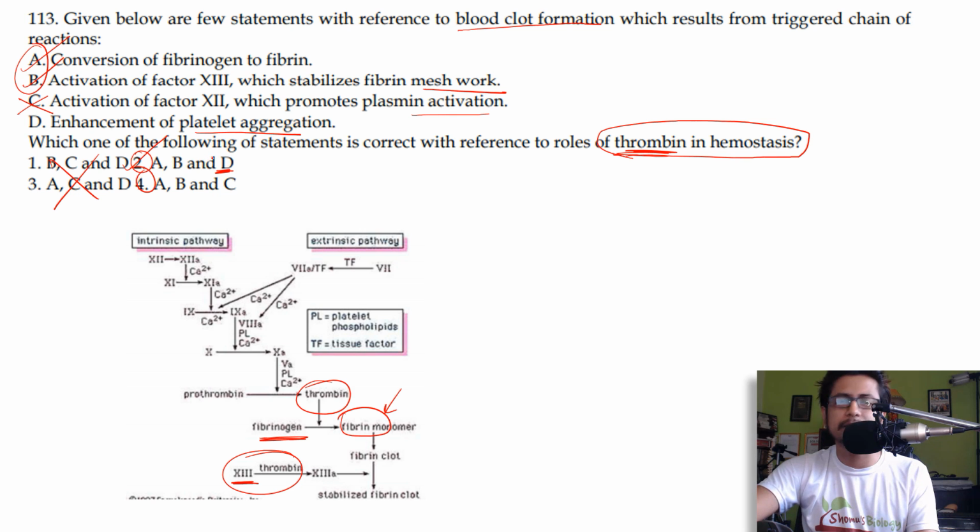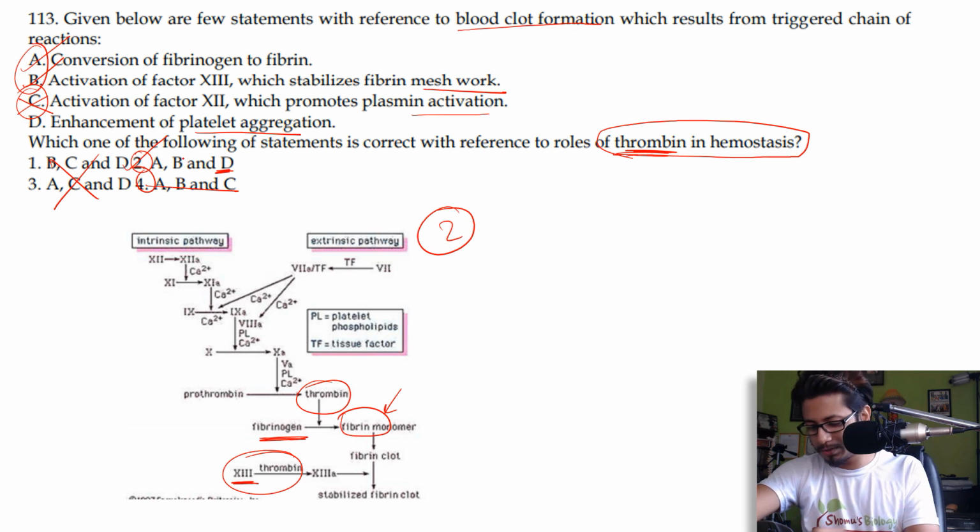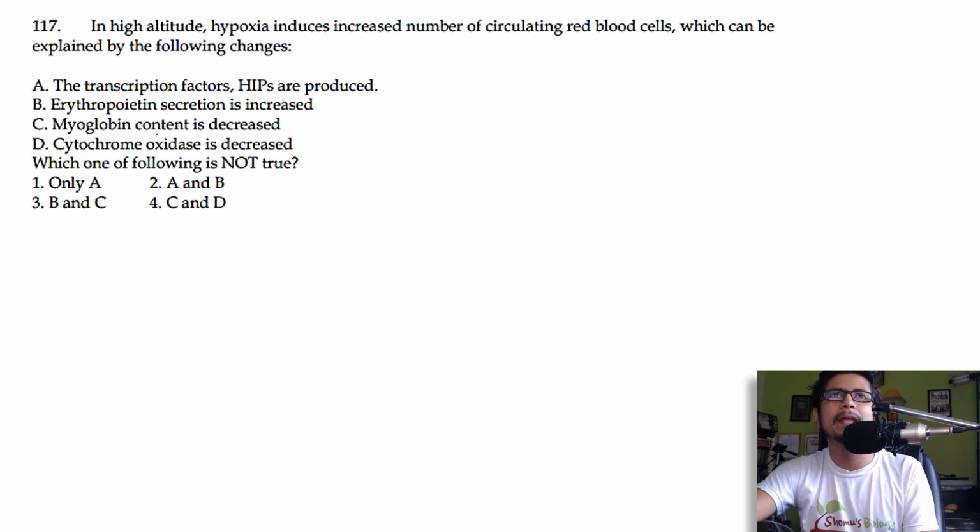So A, B, D, all three are correct, so option 2 in this case is the correct option. For this one you need to know the importance of thrombin as well as the three statements to answer this question correctly. Or you can also know that if C is wrong, then the option is any one of the three.